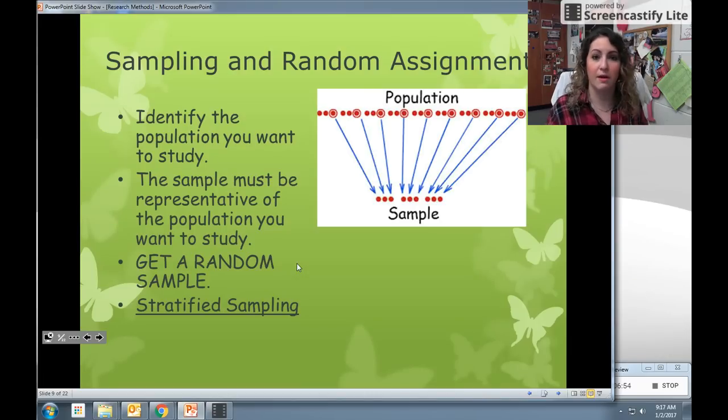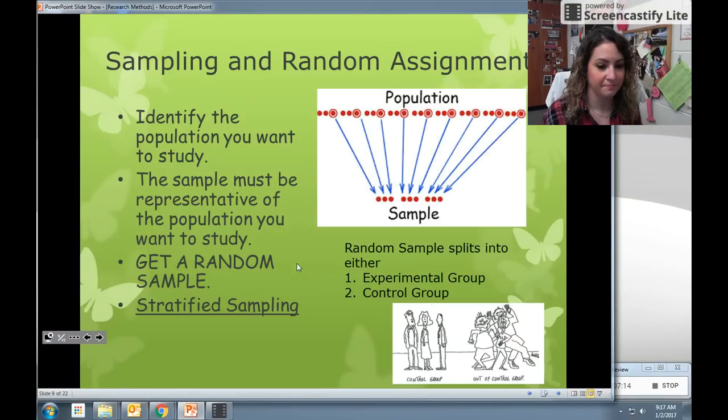Same thing, not just male and female, but maybe sexuality, if that's an issue, or race, religion, age, where you need to make sure that the sample is a representation of the population you're trying to experiment on. Okay. And then you take that sample.